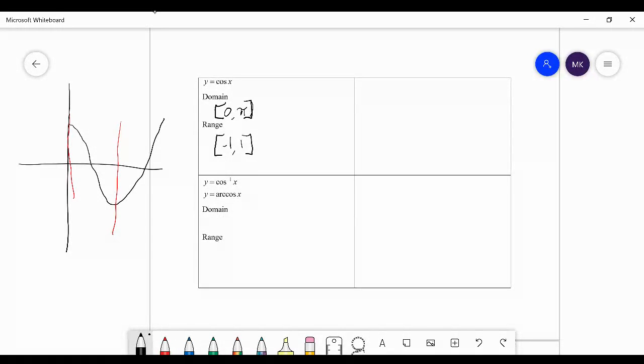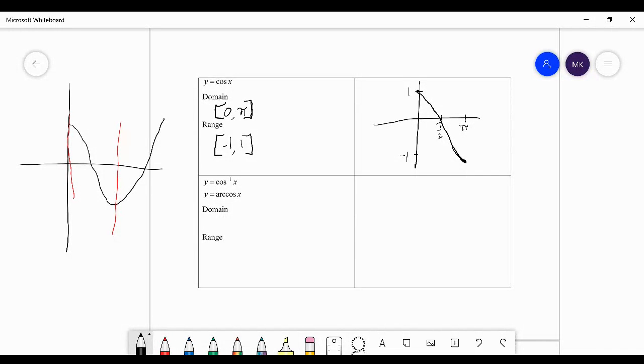And the graph of that very simply looks like this.